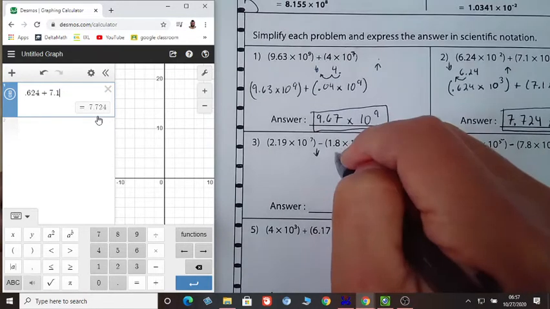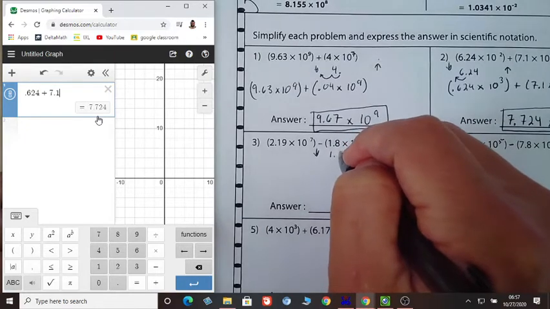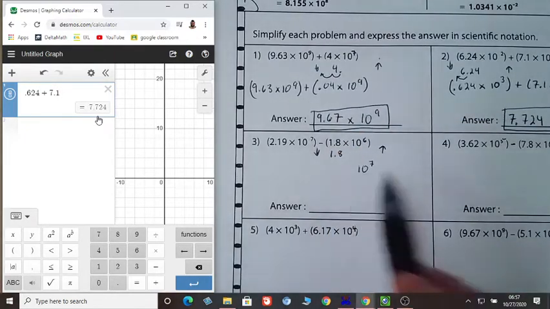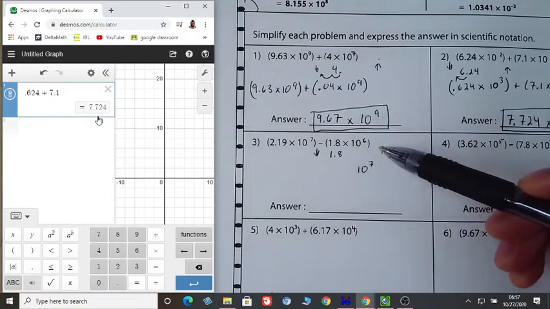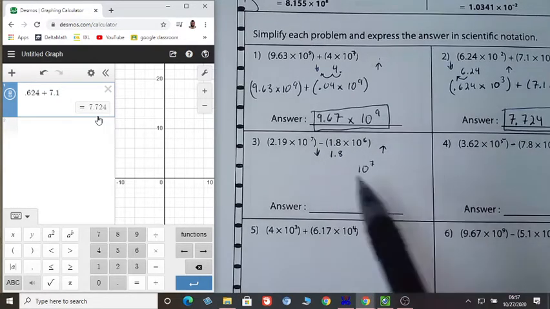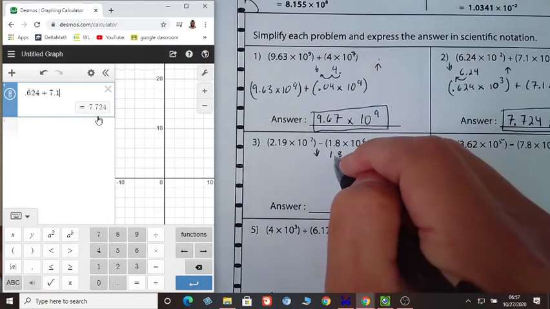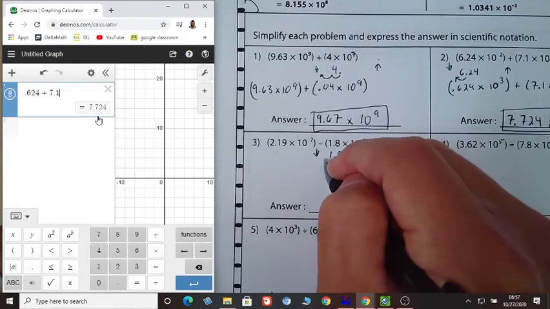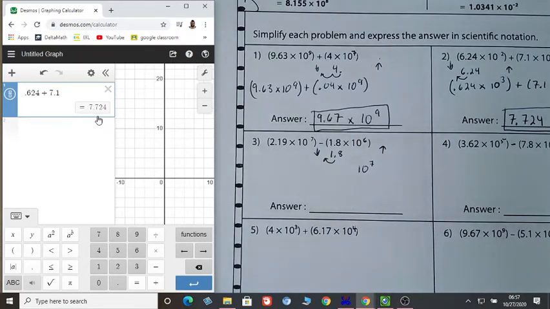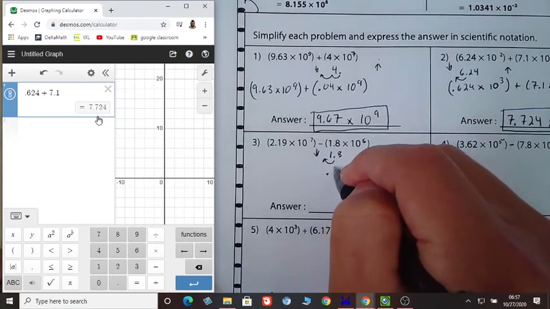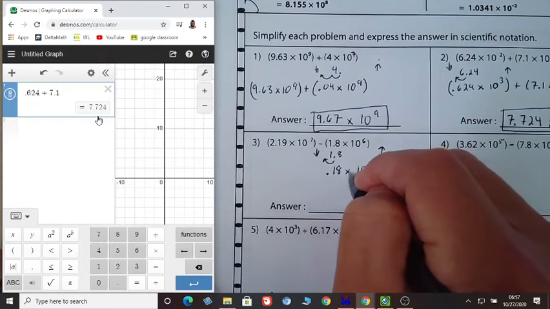So 1.8. I made the exponent bigger by 1, so I'm going to make the coefficient smaller by 1 place value. So I'm going to move the decimal to the left 1. So I have 0.18 times 10 to the 7th.